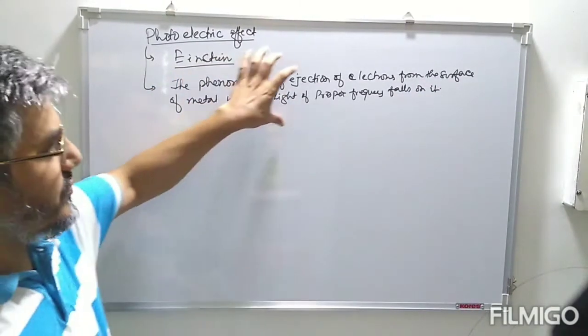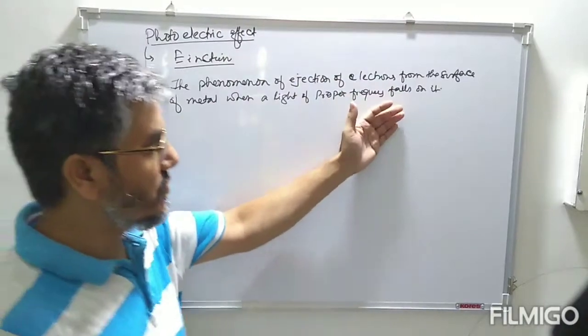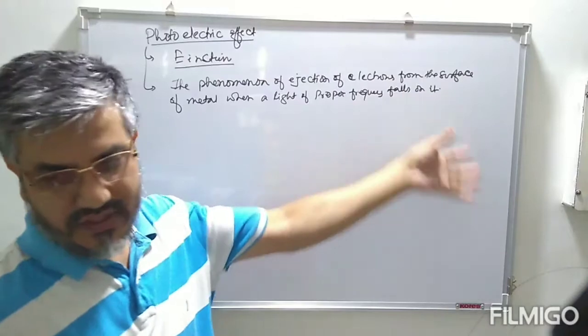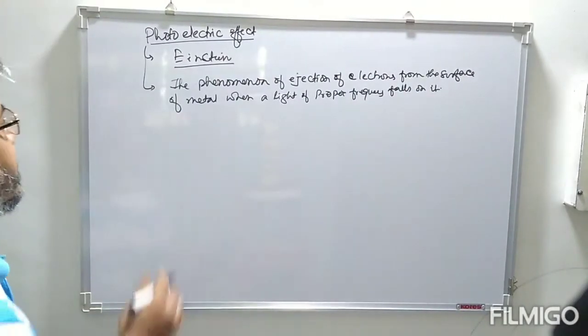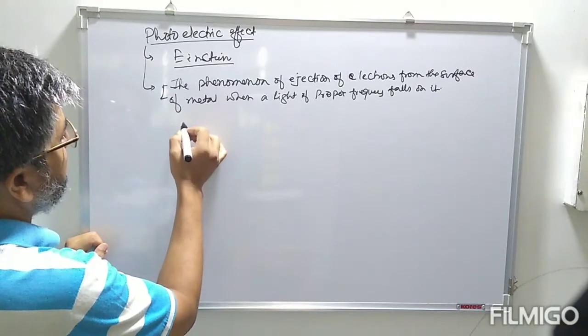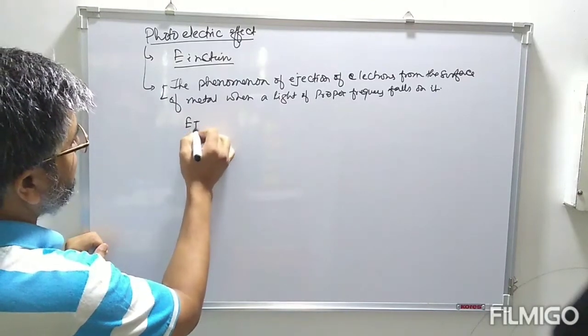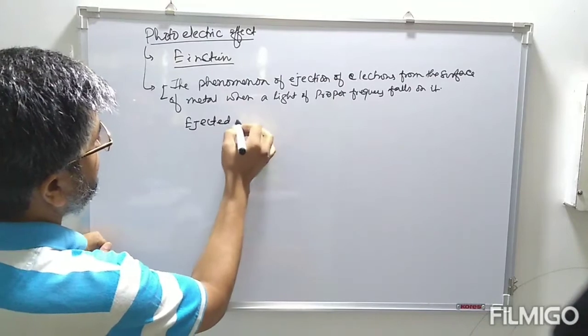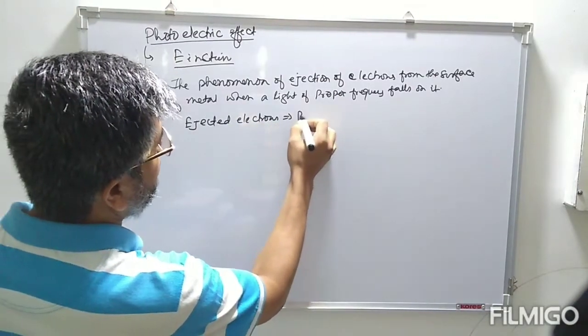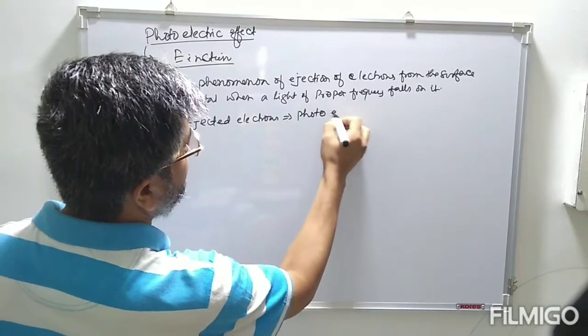So this phenomenon of removal or ejection of electrons from the surface of metal when a light of proper frequency falls on it is known as photoelectric effect, and ejected electrons are known as photoelectrons.